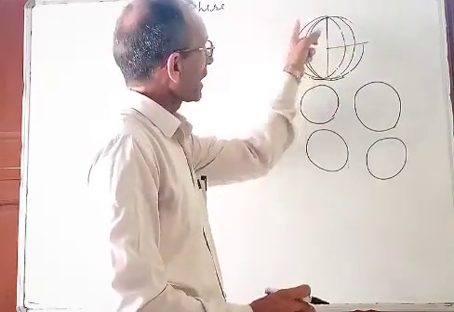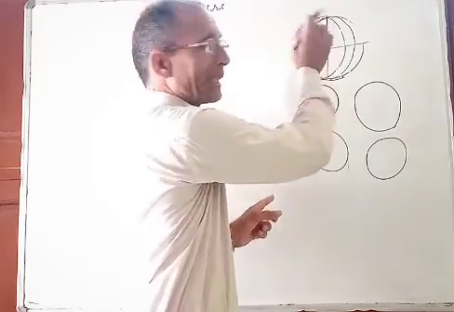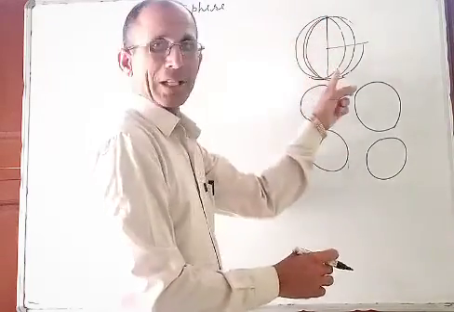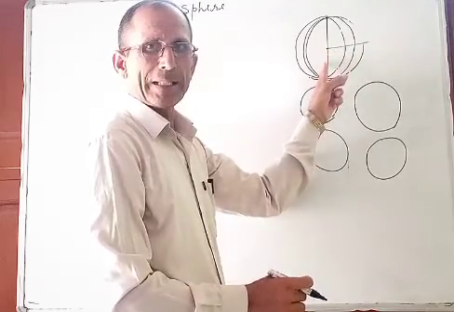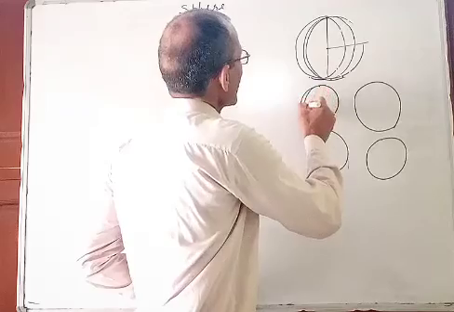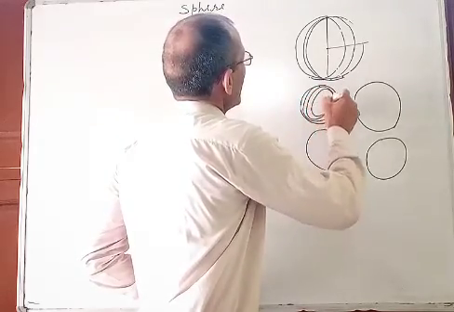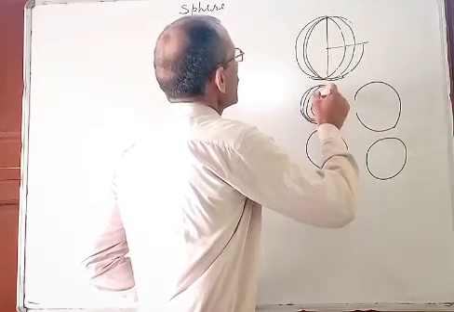First I will cover this sphere with thread. Properly I will wrap the thread all over this sphere, and then I will cut the thread and cover circles with it like this. There should be no space.